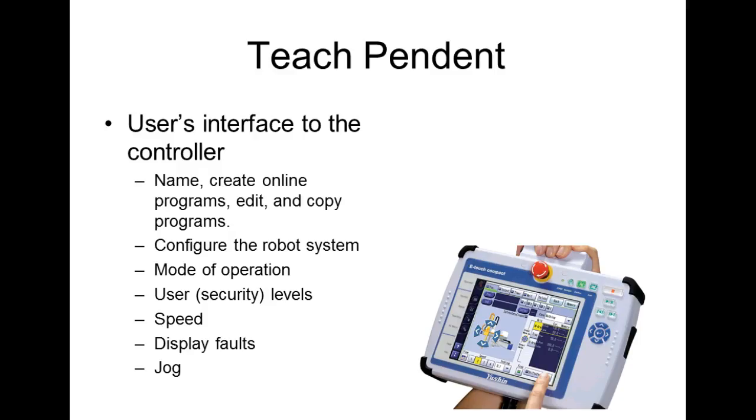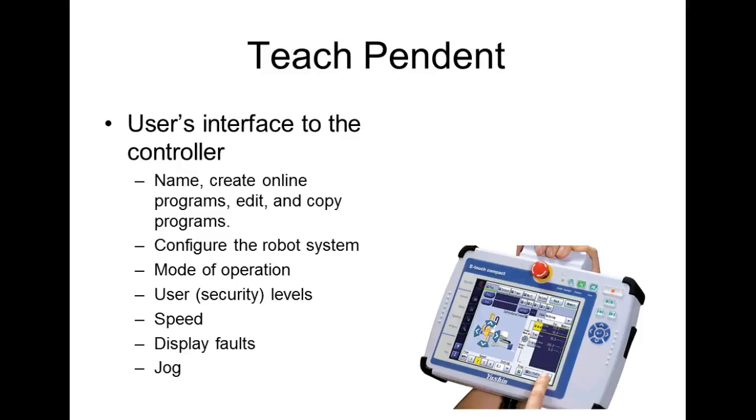The user interface with the computer is the teach pendant. This is what you use to do what we call online programming. Now we have two forms of programming. We have online programming, which means you write your program at the teach pendant and at the robot.